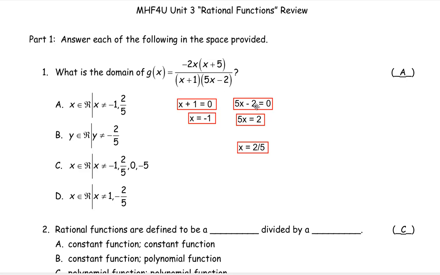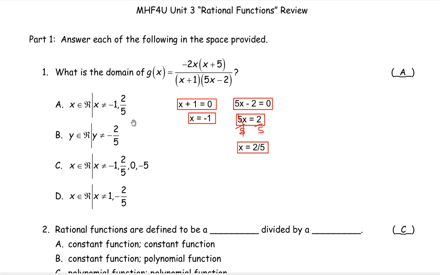We also set the 5x minus 2 equal to 0, so add 2 to both sides, 5x equals 2, and then of course I want to solve for x here, so I would divide both sides by 5, like that. And so those 5s divide out, and I get x equals 2/5. So 2/5 is the value that would make that factor 0.